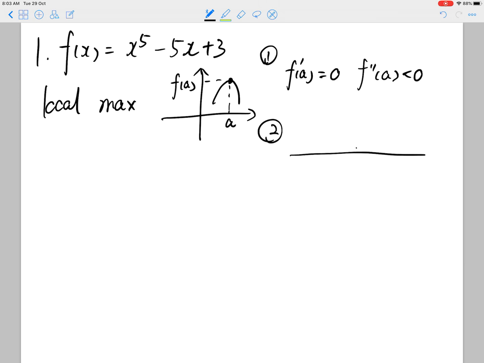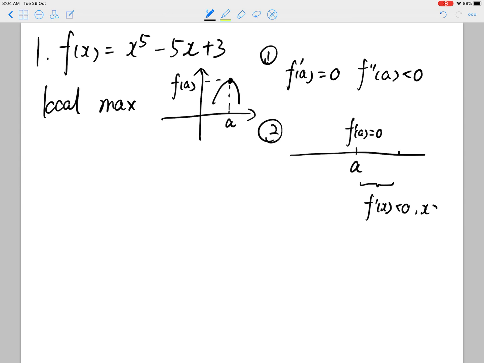The second method is that at this point A, the derivative is 0. When x is greater than A, you can see from the graph that the function is decreasing, so the derivative is smaller than 0.